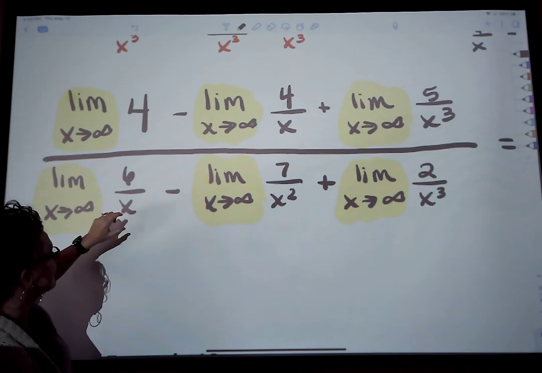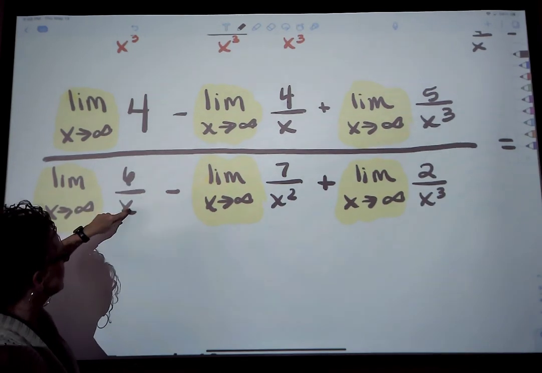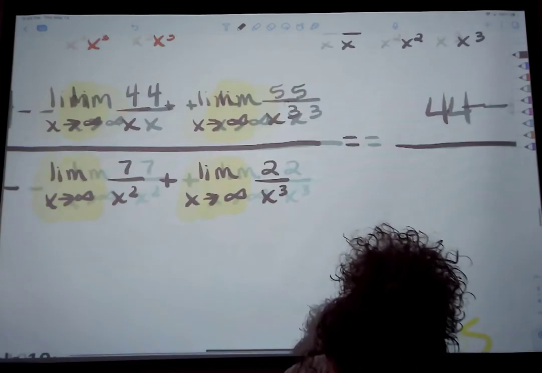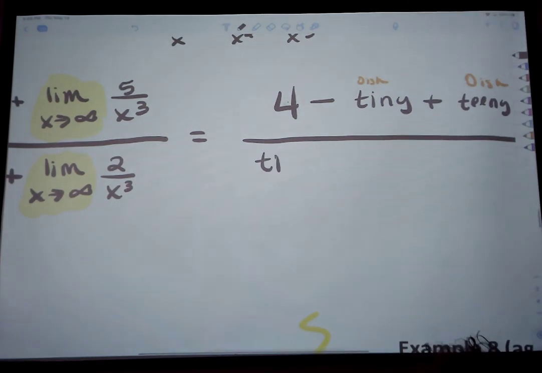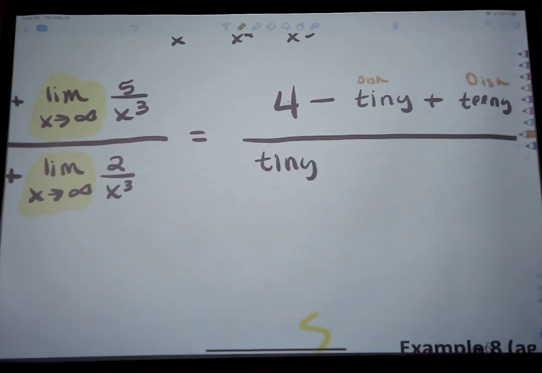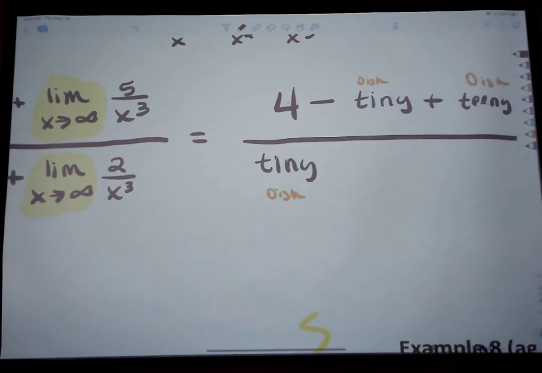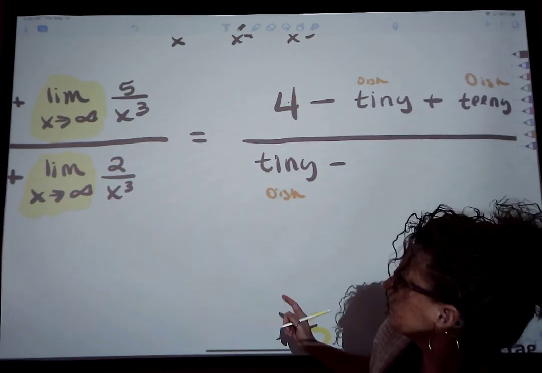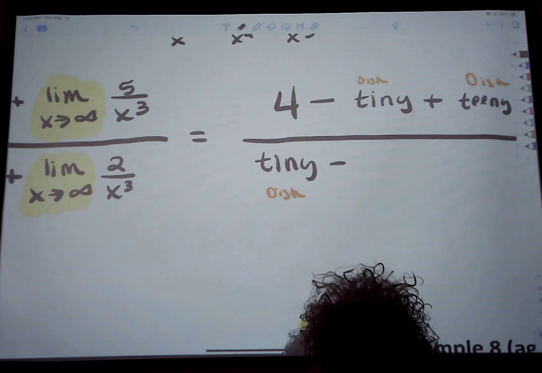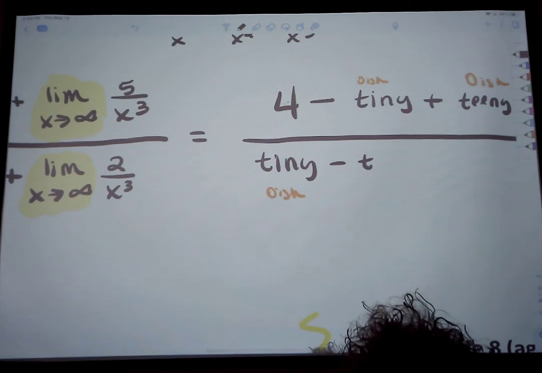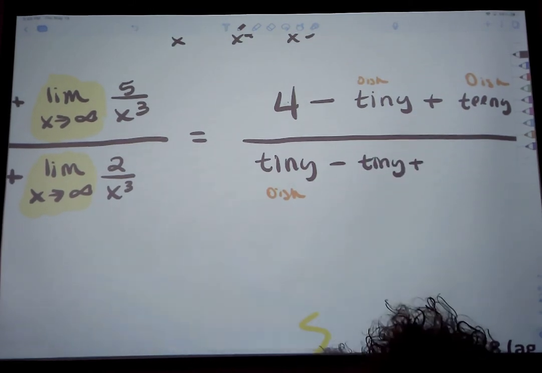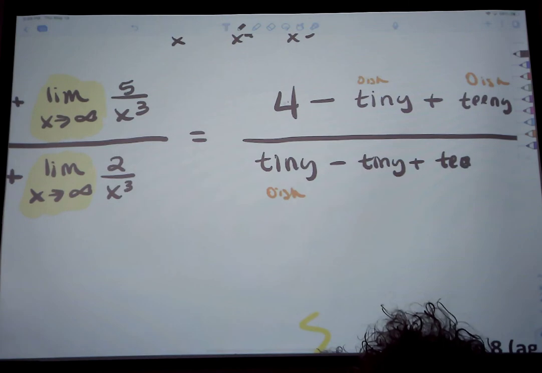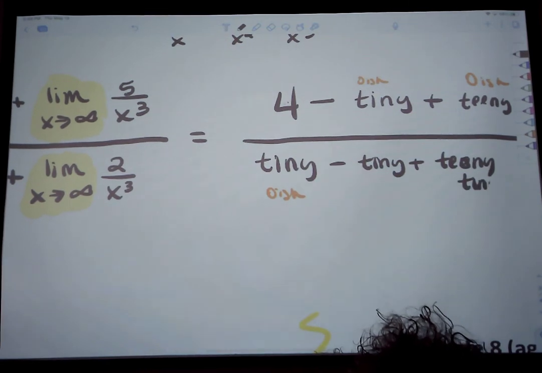This piece, as x gets super big, 6 divided by huge, tiny, or like 0-ish. Minus. The next one is another tiny, and the next one is another tiny.